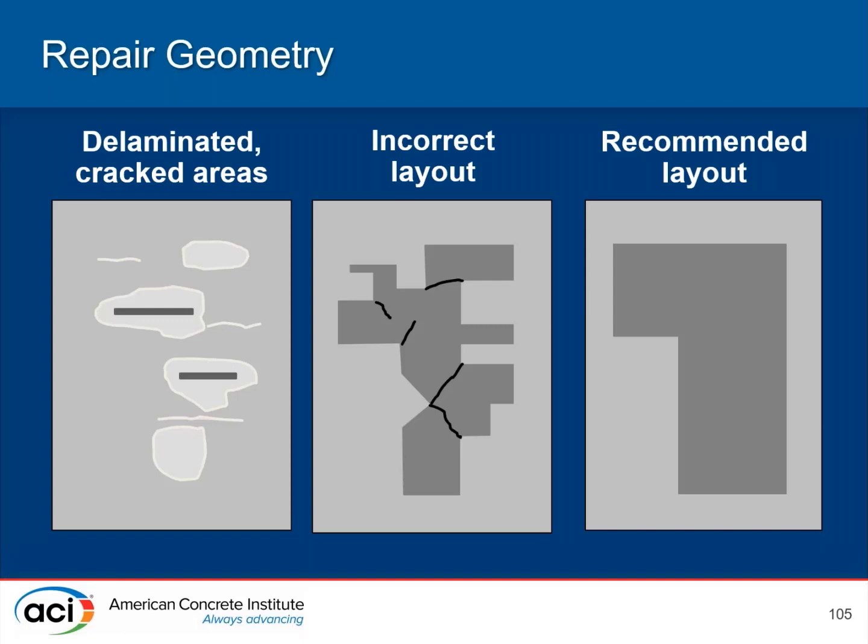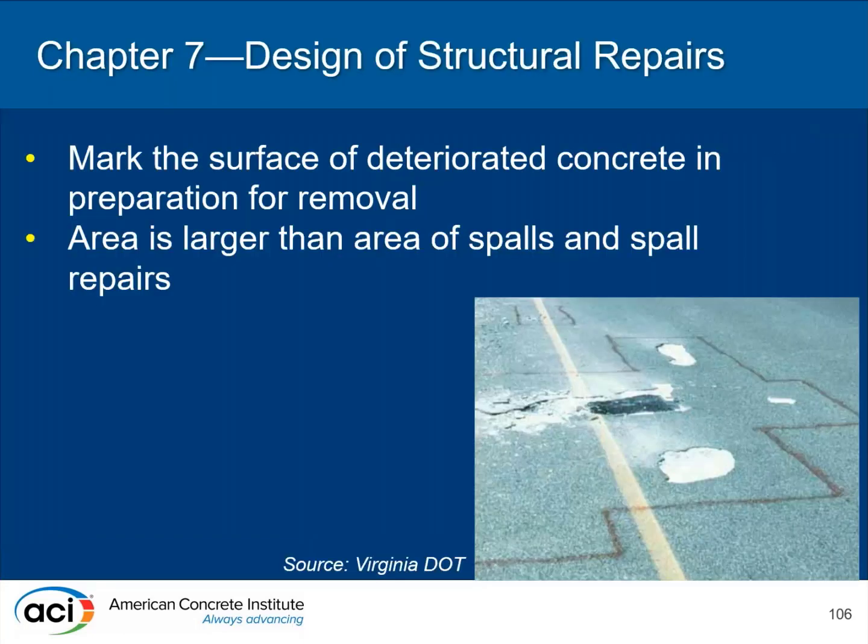So depending upon the repair approach and the service life extension, whether some sort of corrosion arresting methodology is used, it can be necessary to remove more concrete as well in that respect.